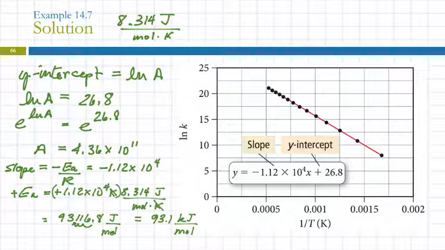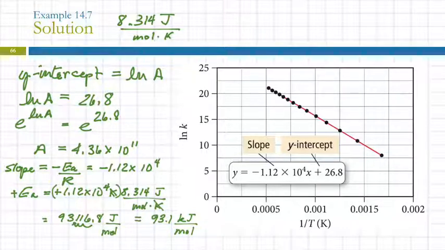The frequency factor has to do with how often or how frequently the reaction approaches the activation energy barrier. And this exponential term has more to do with what fraction of the time it is successful in overcoming the barrier.